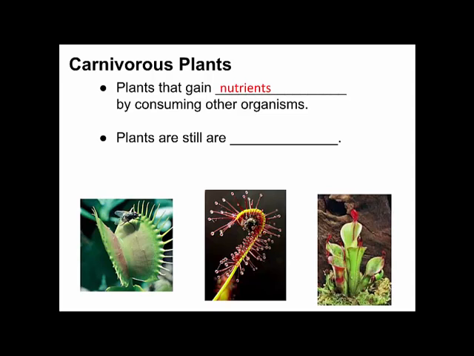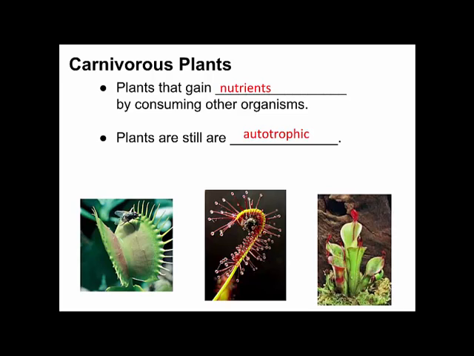What they're getting are certain nutrients, because these are plants that typically live in nutrient-poor soils, where there's not a lot of phosphorus or nitrogen in the soil. Because they can't get those nutrients from the soil, they get them by trapping insects, digesting them, and then absorbing those nutrients. So they're still autotrophs.